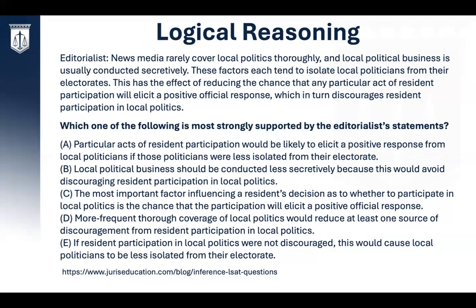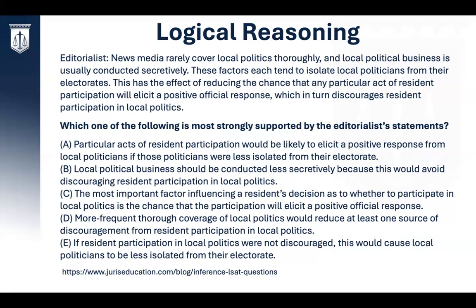Anybody feel strongly about A, C, or E? Okay, Oneida, way to step out. All right, so A. Someone likes E. Okay.